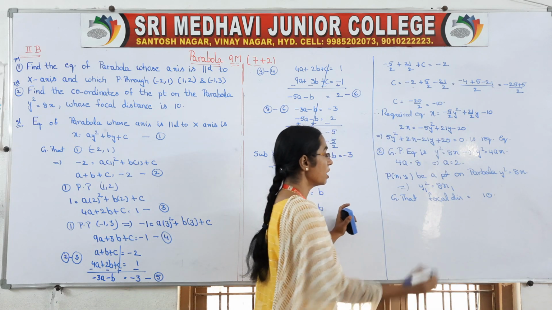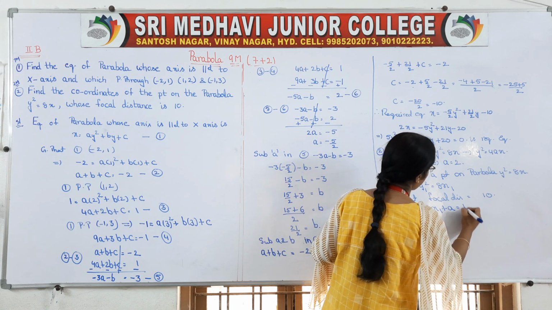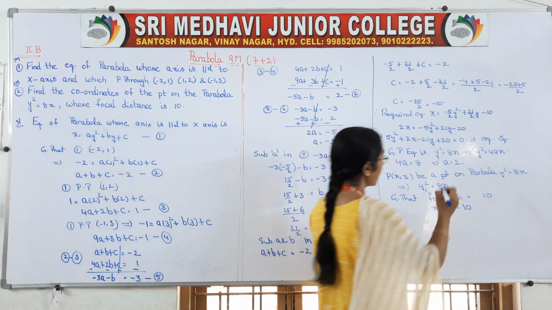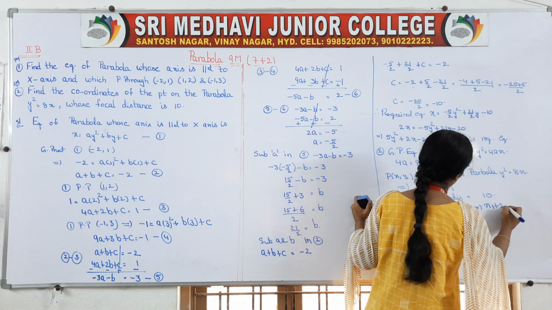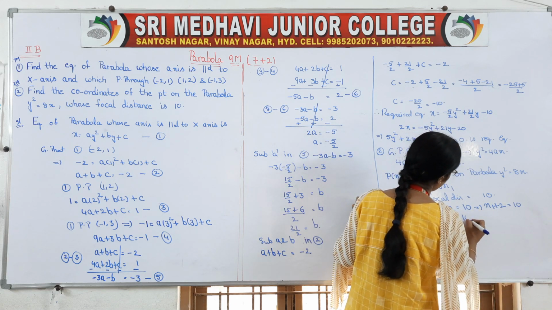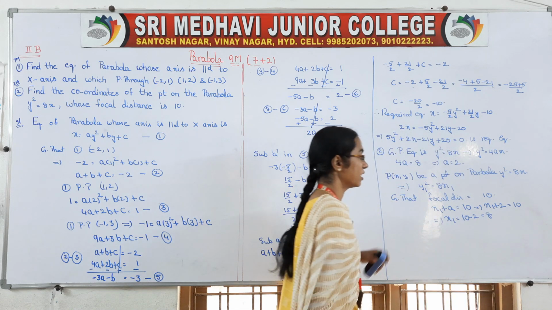So what is the formula for focal distance? x1 plus a is equal to 10. We got a value, a is equal to 2. So x1 plus 2 is equal to 10. So x1 is equal to 10 minus 2, that is 8.